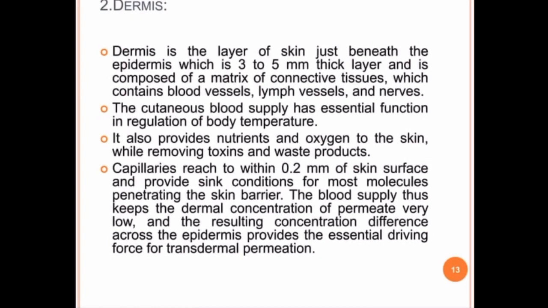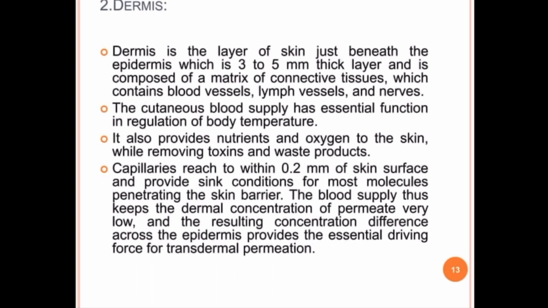Dermis is the layer of the skin just beneath the epidermis, and it is a 3 to 5 mm thick layer which contains blood vessels, lymph, connective tissue, and nerves. The cutaneous blood supply has an essential function in the regulation of body temperature, and the dermis provides nutrients and oxygen to the skin while removing toxins and waste material.